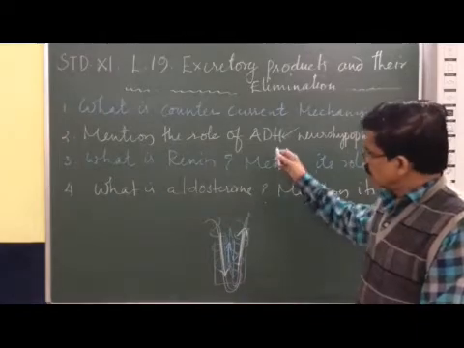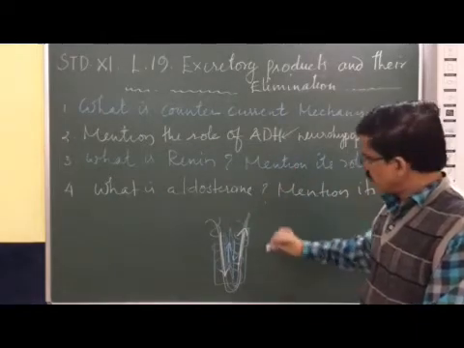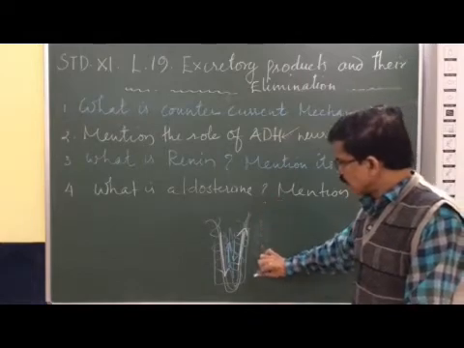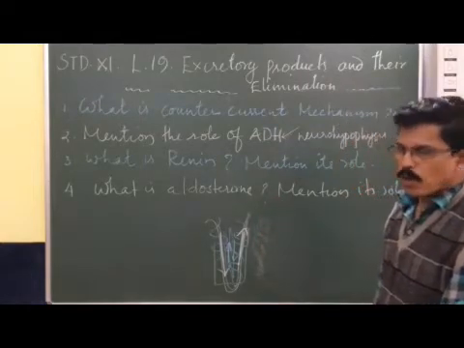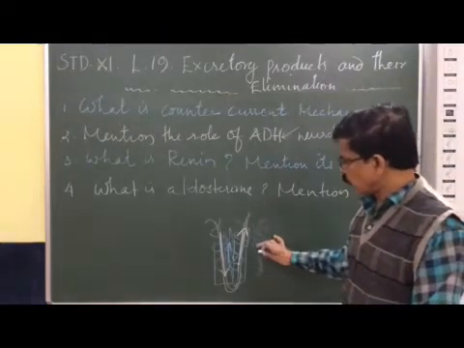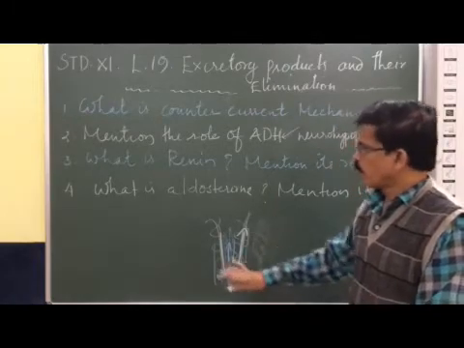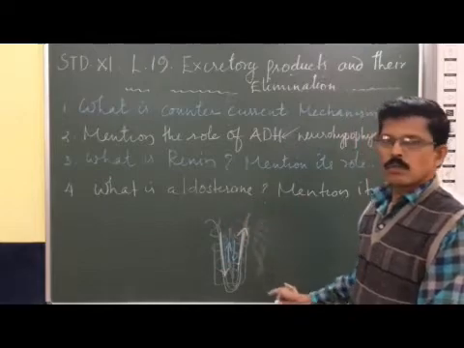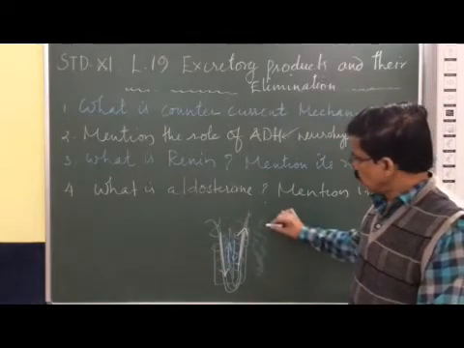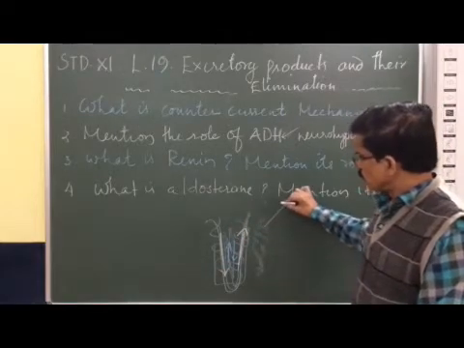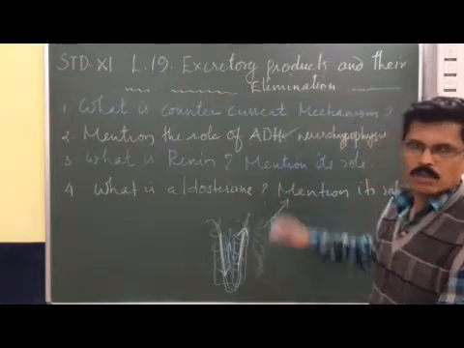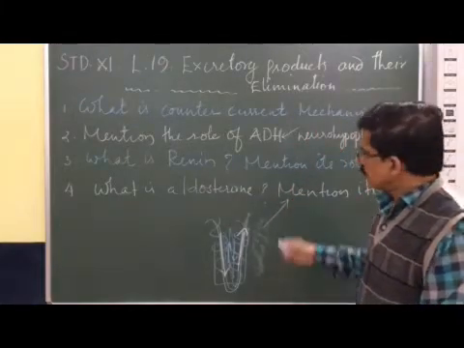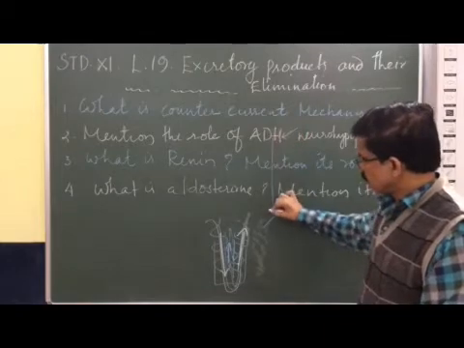So ADH is secreted through a feedback mechanism when the osmolarity or body fluid concentration is low in the body, the interstitial fluid or the medullary region of the kidney. Then this feedback message goes to the hypothalamus and pituitary gland, and then more ADH is secreted.